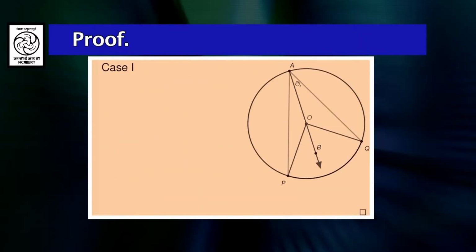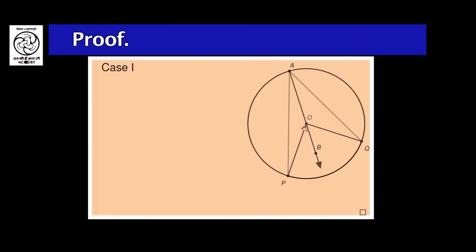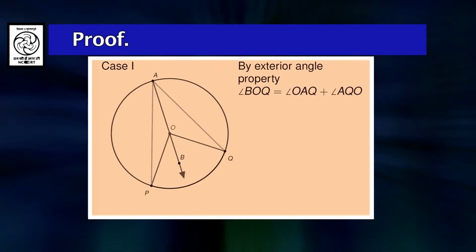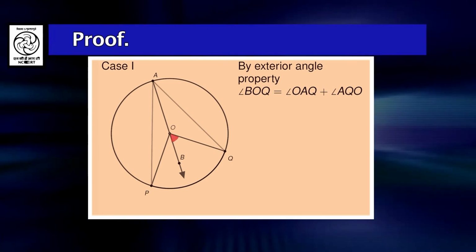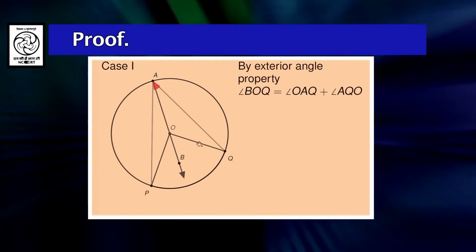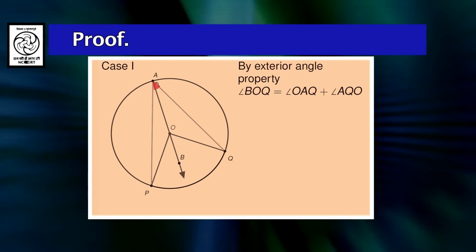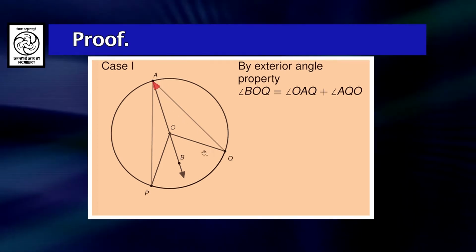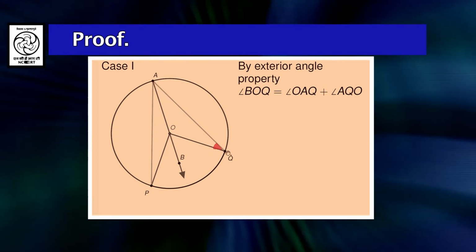Case 1: we have an arc PQ that subtends an angle POQ at the center and PAQ at another point on the circle. Join AO and extend it towards B. Now, by the exterior angle property, angle BOQ is equal to angle OAQ plus angle AQO.